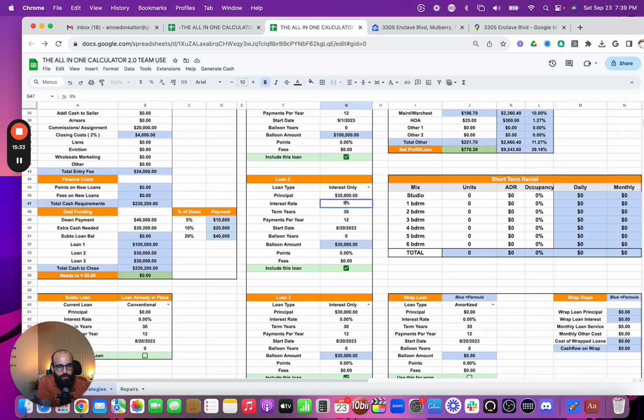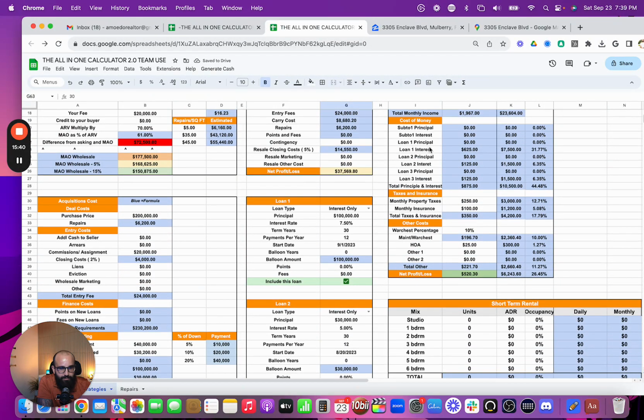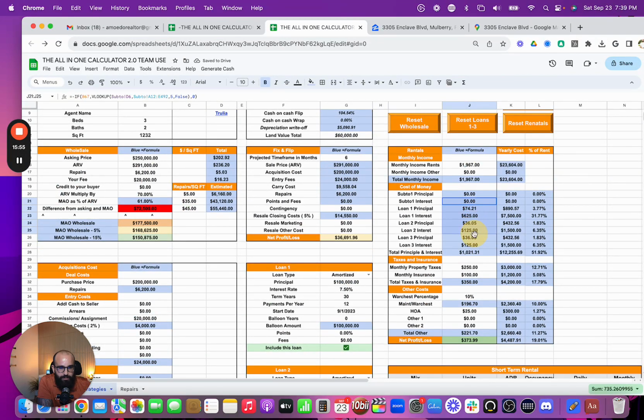As soon as we put an interest rate amount here, it will calculate it up here. So you will notice that we have loan 1, interest, loan 2, interest, loan 3, interest, and then we can go back and forth between amortized on any of those and interest only on any of those. Okay. And then you will see everything populate up there.